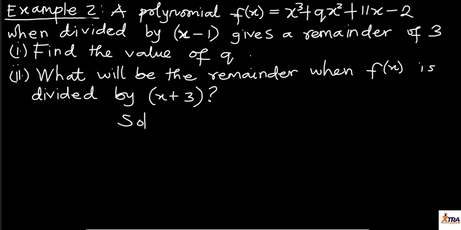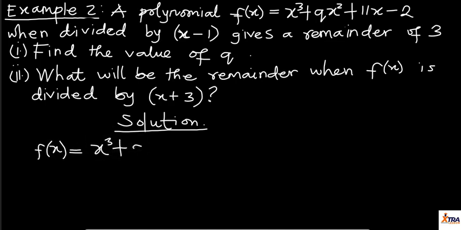Since we don't need to use our division method again, we already understand our remainder theorem very well. We know it explicitly, so we can easily use it here. So first of all, let's bring out our function. We have x cubed plus qx squared plus 11x minus 2.